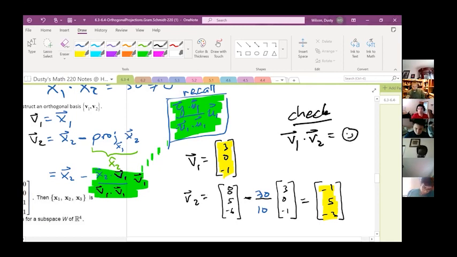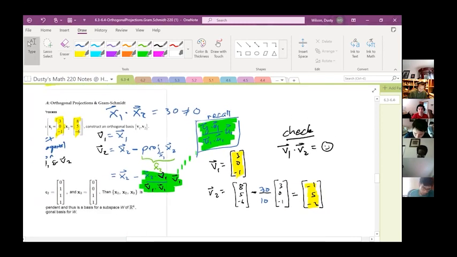Yay, they're orthogonal. Not only are they orthogonal, notice they are a linear combination of the vectors that we started with. So by construction, these two vectors are an orthogonal basis for that same space.